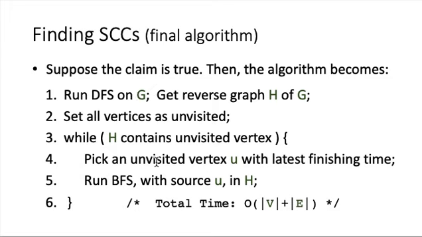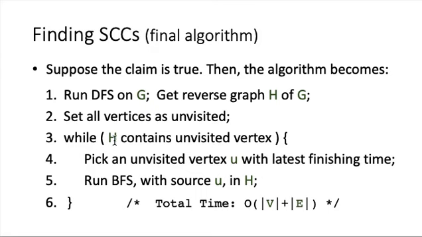Once we get this vertex U, we apply BFS with U as the source in the reverse graph. After that, all the vertices in the same SCC of U are visited, so they are conceptually removed from the graph of H.